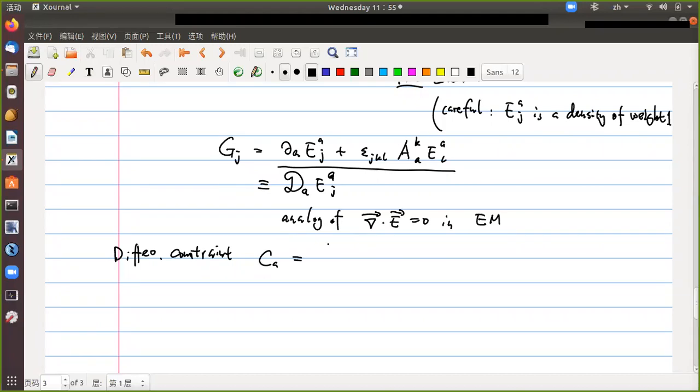After the derivation, you can see that it equals 2 over kappa F^j_ab E^b_j divided by beta, minus, well, I'm going to put a beta here, minus a term which is proportional to the Gauss constraint.